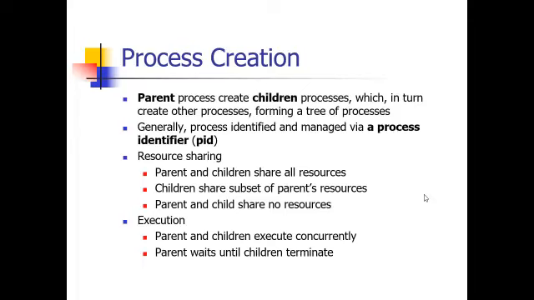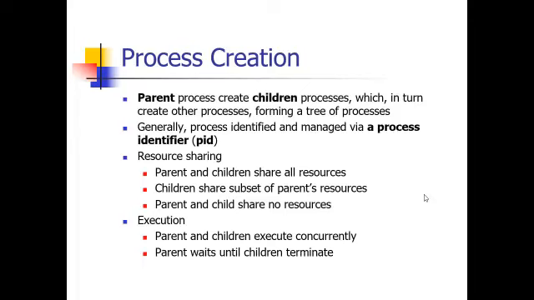And then about execution, the parent process and the child processes can execute concurrently. That is the common way of program execution in the operating system. And then in certain situations, the parent has to wait until the child process completes.